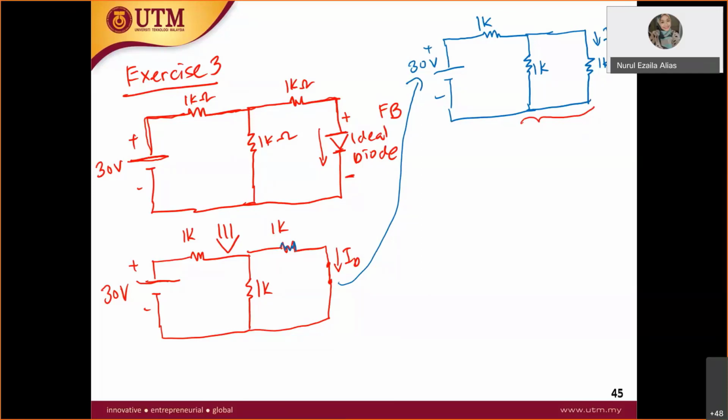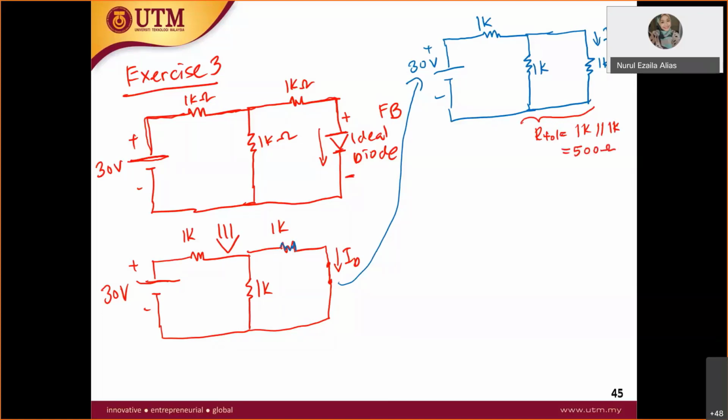Our total will be 1K parallel with 1K. How much do you get here? 0.5, okay, 500 ohm.